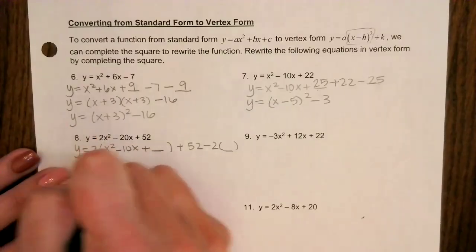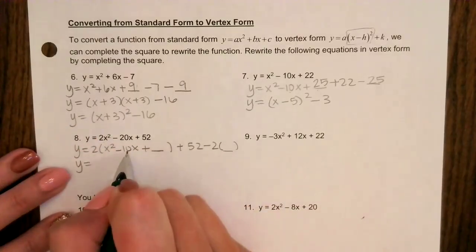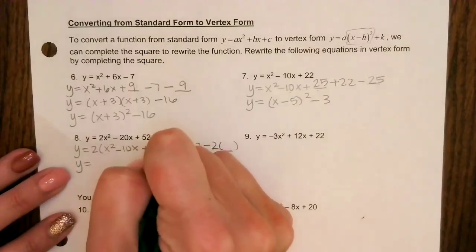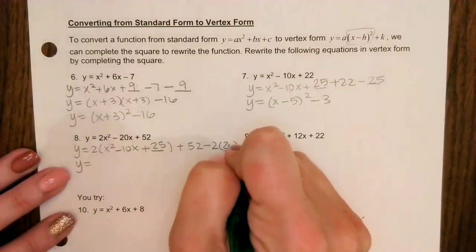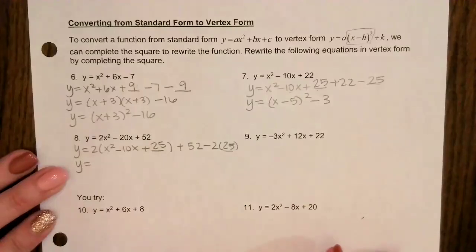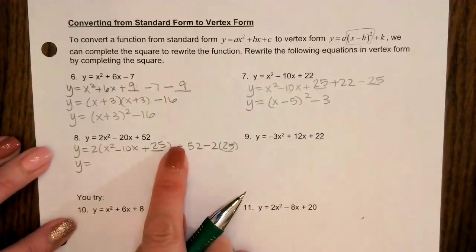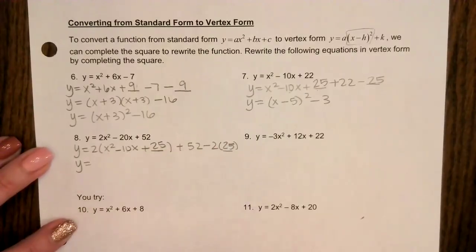Other than that, everything works pretty much the same. So I take my middle term, divide by 2. So negative 10 divided by 2 is negative 5. Squared is 25. And so I need to subtract 2 times 25 because here I'm adding 2 times 25. Here I need to subtract 2 times 25.